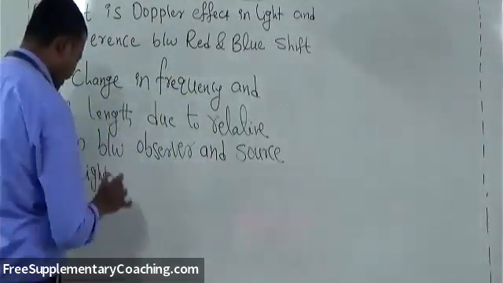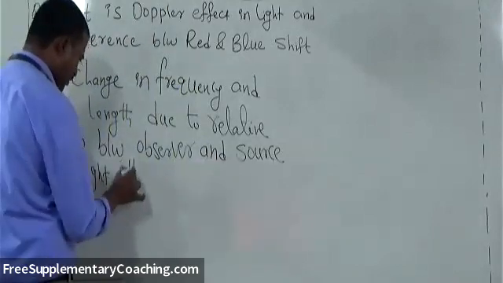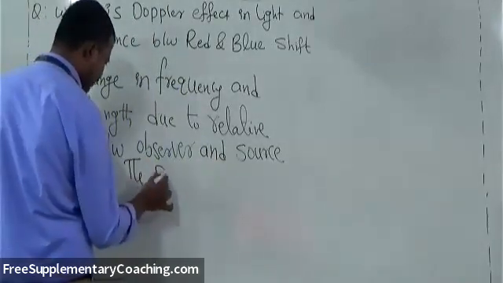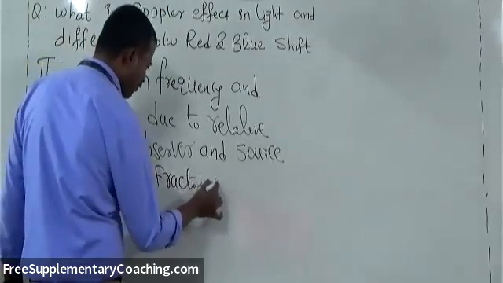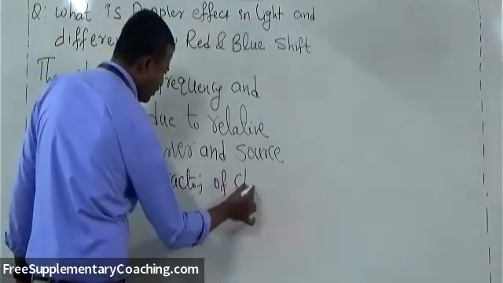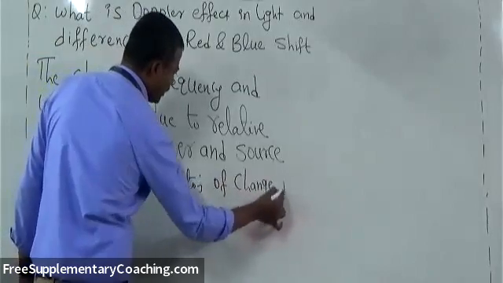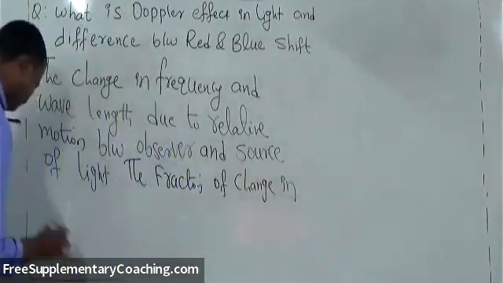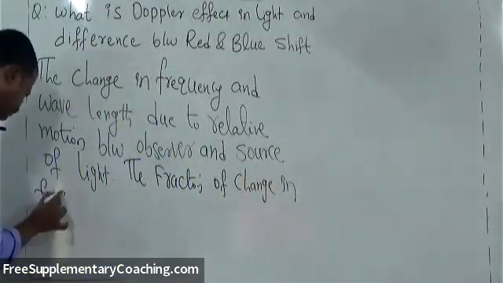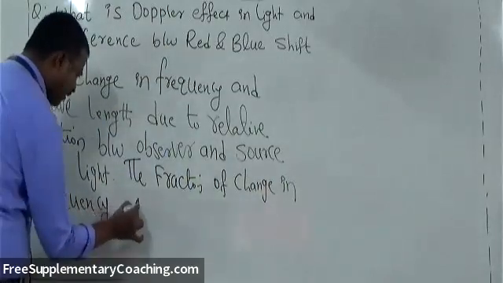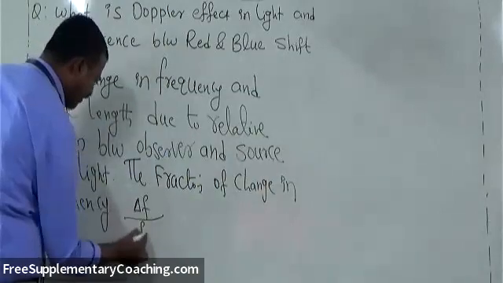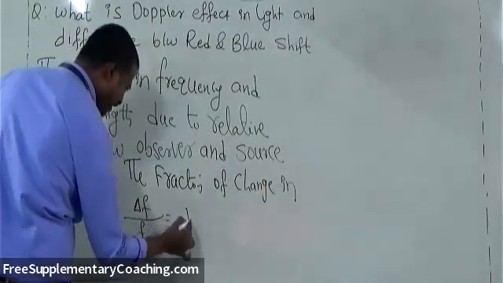From this we can write the expression. The fractional change in frequency, delta f by f, where f is the frequency, equals minus v by c.